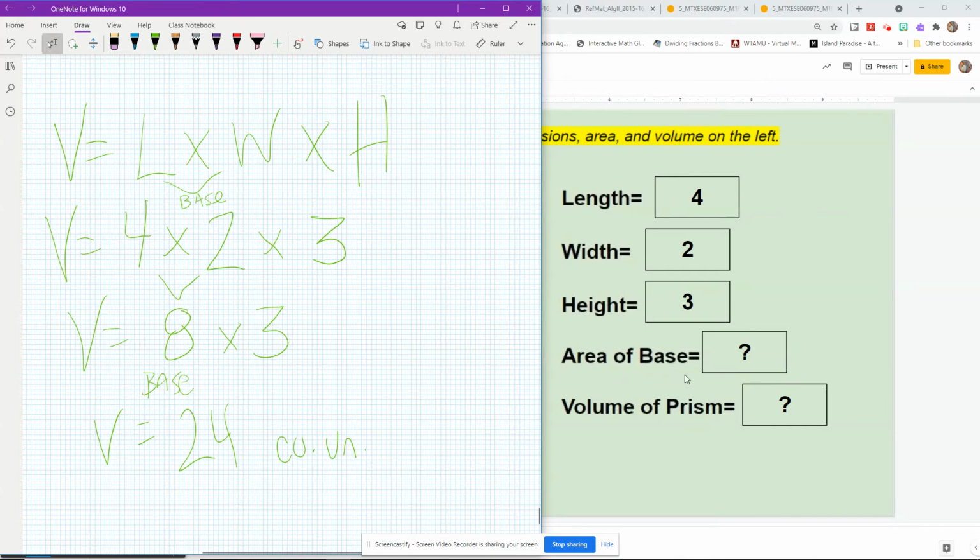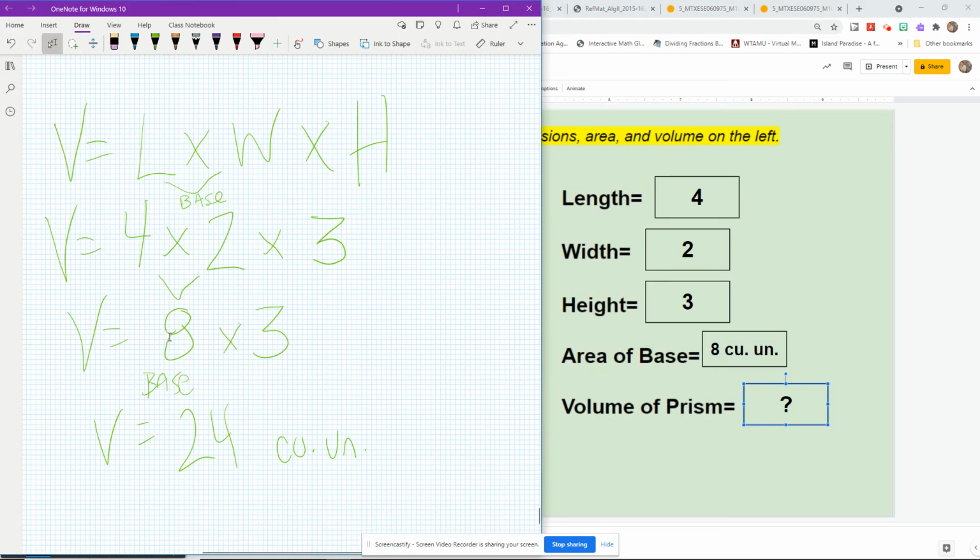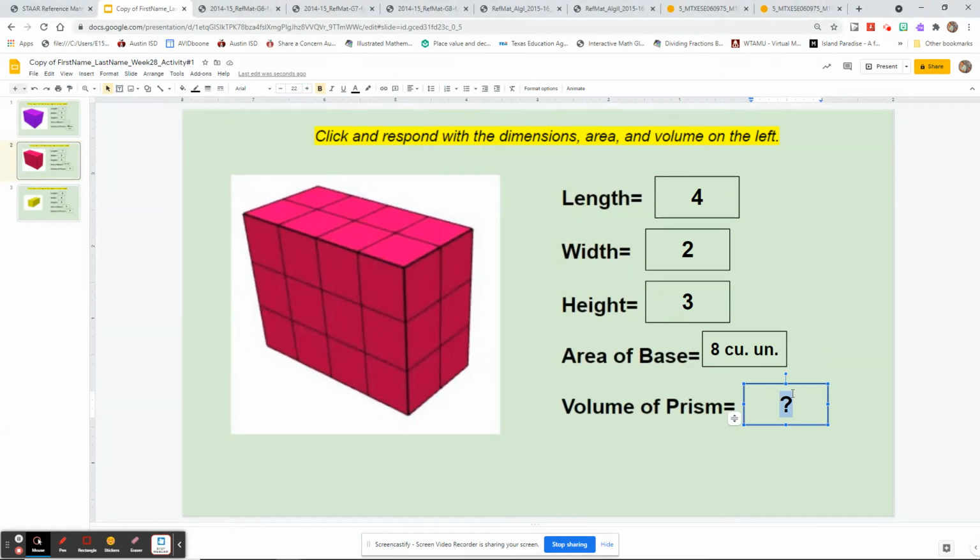So the area of the base, or the base layer, was 8 cubic units. Shrink it down. And then the volume of the prism was our base of 8 cubic units times our height of 3. So we got 24 cubic units.